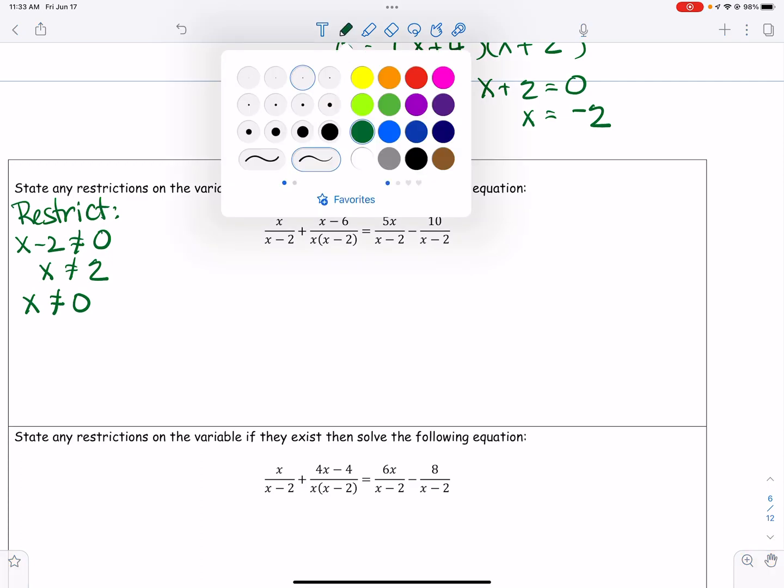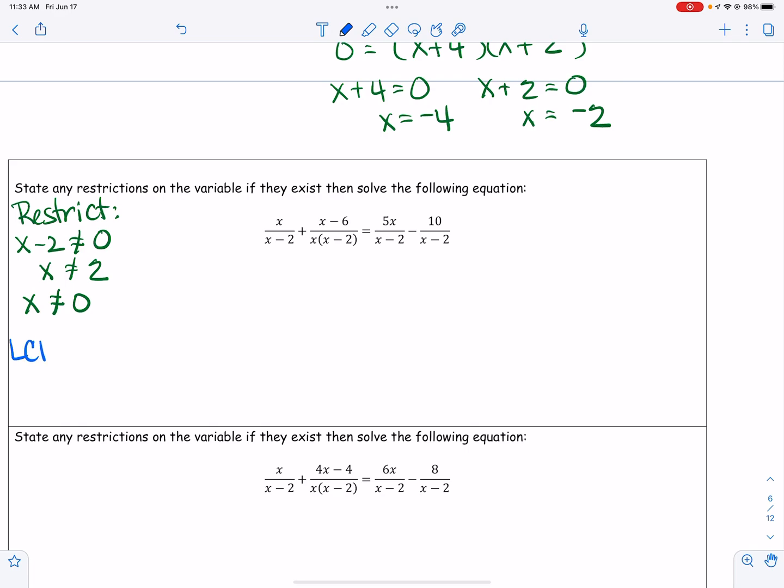My LCD is just going to be x times x minus 2. I need one x because that's in one of the denominators, and I need one x minus 2 because that is represented in the denominators as well. Okay, so I only need one of each.